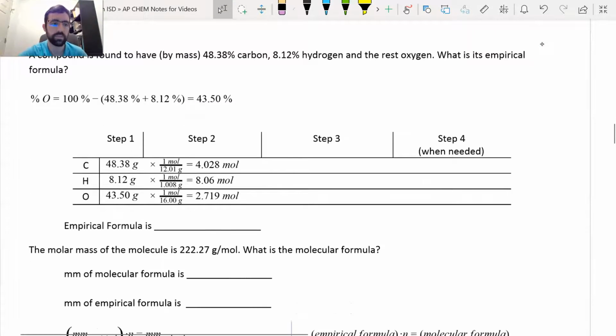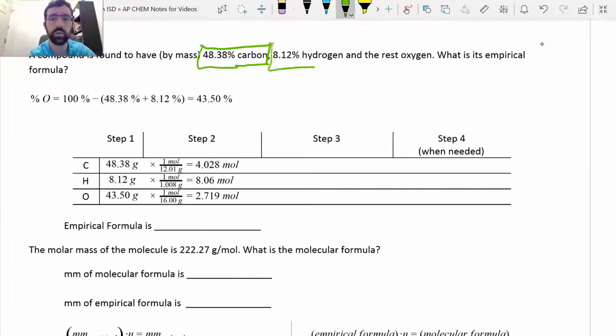So our first example: a compound is found to have a mass of 48.38% carbon and 8.12% hydrogen, and the rest is oxygen. Now, if we say the rest, that means the remaining percent. So we could do 100 minus those numbers, and we would be able to get the answer.